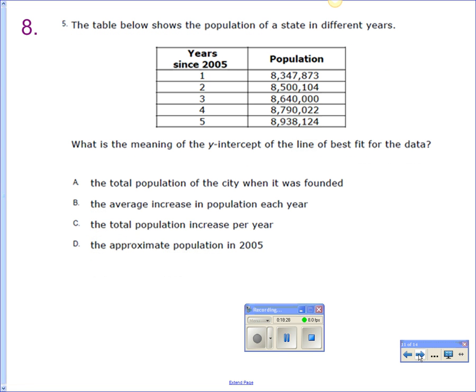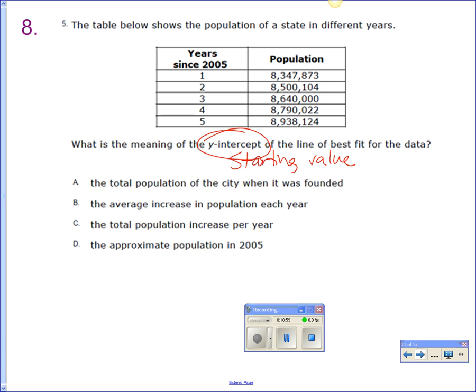Andrea, read that one for us. Good. Chad, something I should circle. Very good. Can anybody just tell me another word for y-intercept? Starting value. Very good. Starting value.